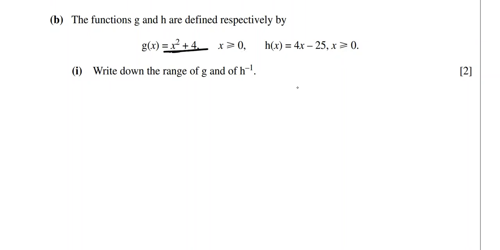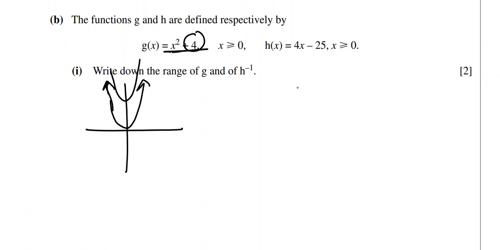So let's find the range of x square plus 4 first. y equal to x square is a graph like this, right? Plus 4 means this graph has gone up. Every part of this has gone up by 4 units. This is 4. So the vertex of this new graph, x square plus 4, is 0, 4.